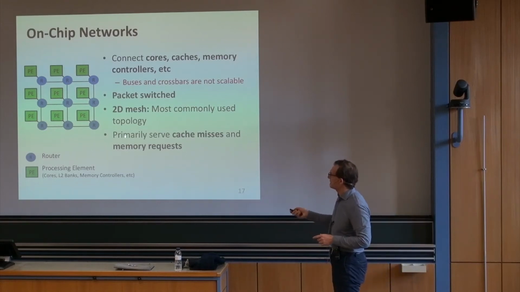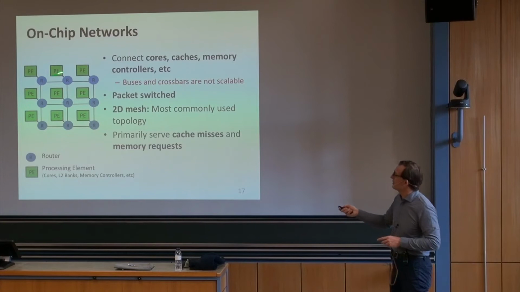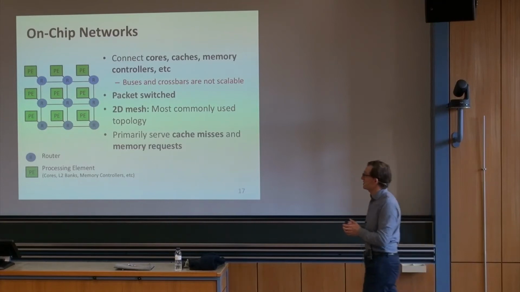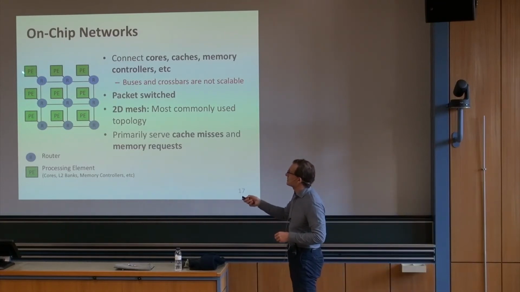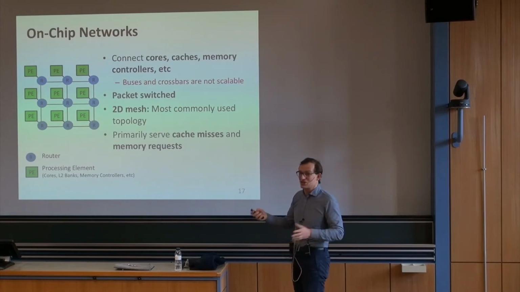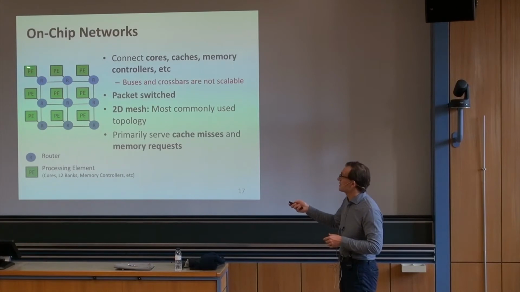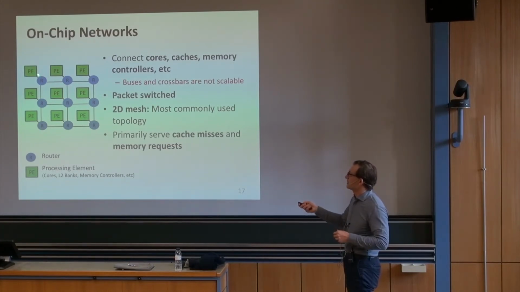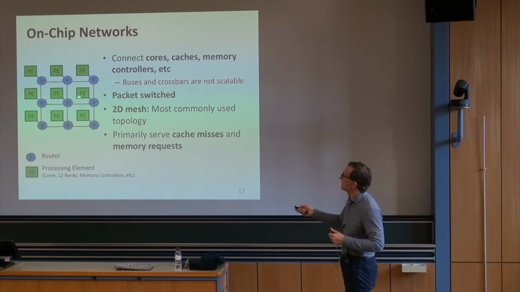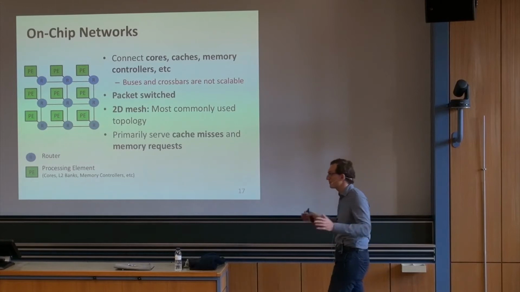But one thing that's fundamental is the on-chip network primarily serves cache misses and memory requests. If you look at these processing elements, they usually have L1 caches internally, so they have some locality that's already filtered, and those L1 caches do not communicate. Only the cache misses get served over here, and the memory requests get served over here, and some coherence requests, of course.